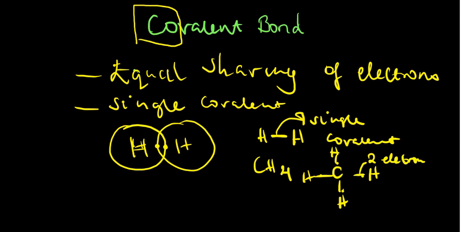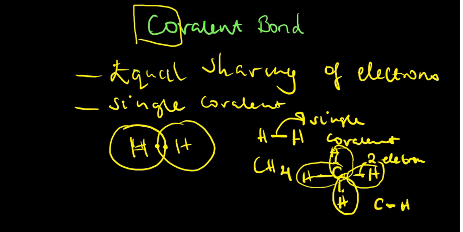We have how many CH bonds? We have 1, 2, 3, and 4. So we have 4 CH bonds, and each bond is sharing two electrons between the two atoms.